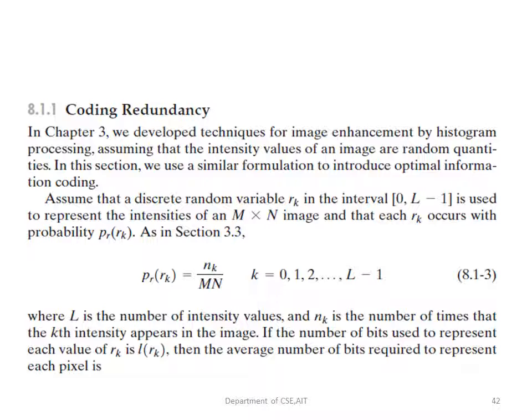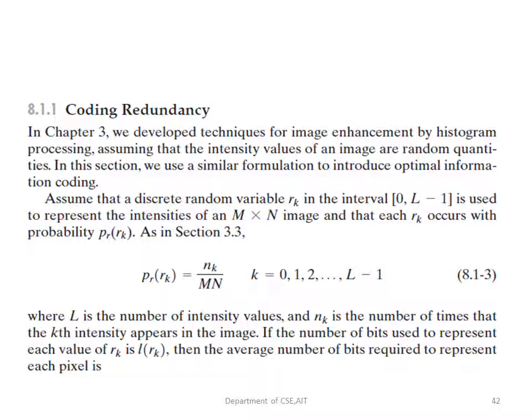And this r_k has probability p_r(r_k), which can be written as n_k divided by M times N, where k varies from 0 to L-1, L is the number of intensity values, and n_k is the number of times the kth intensity appears in the image.